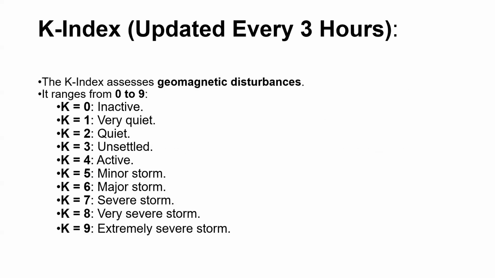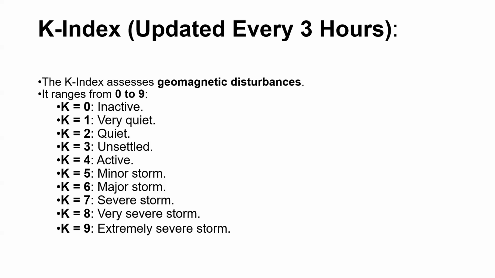All right. Well, this really is my favorite index. It's called the K index, and it's updated every 3 hours. The scale goes from 0 to 9, with 0 being inactive. So if you see the K as being 1, 2, or they do it in a fraction, that's very sweet.